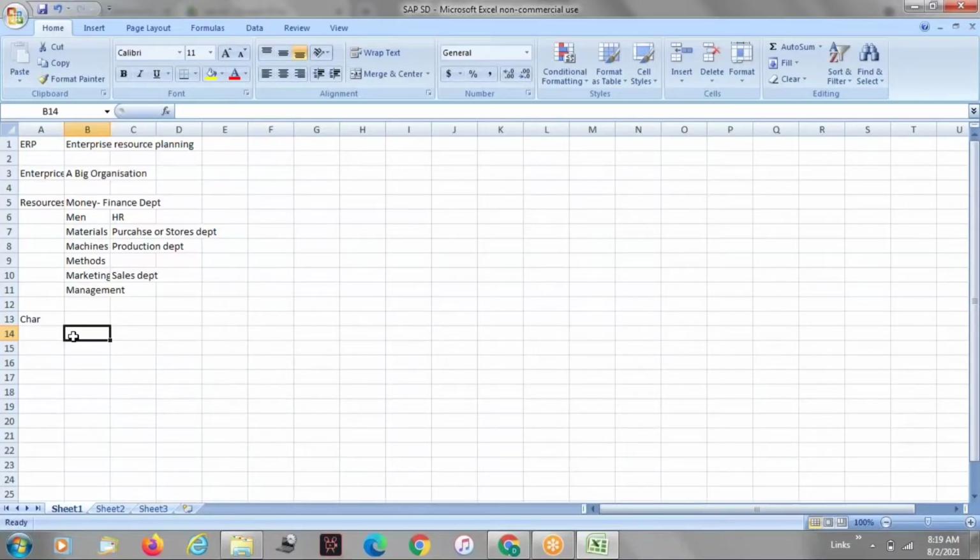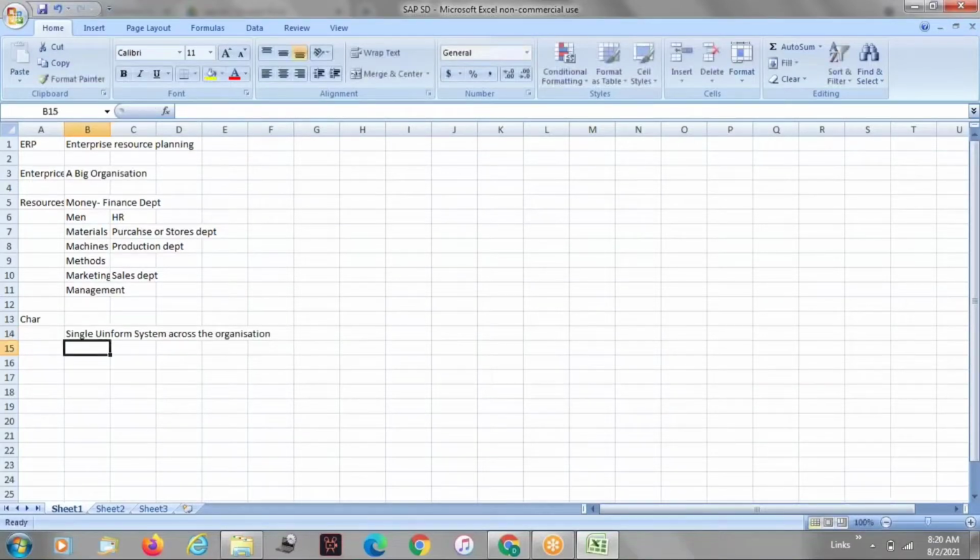It will be a single uniform system across the enterprise, but in real systems there can be multiple ERP systems that they handle, which we will discuss again during the project. In general, the characteristics of an ERP system: it's a single uniform system across the enterprise, meaning across the organization.